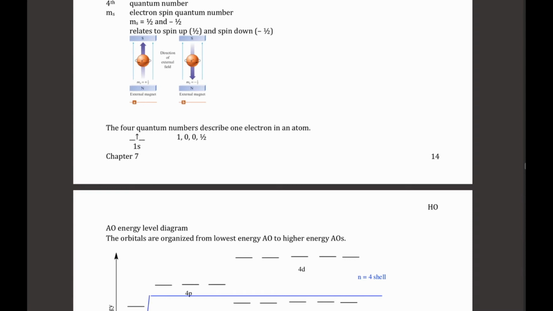So let's say we have an electron in the 1s atomic orbital with the arrow up, the spin up. Its four quantum numbers would be n equals 1, L equals 0, m sub L equals 0, m sub S equals 1/2.